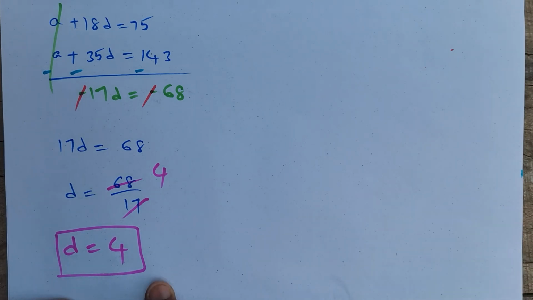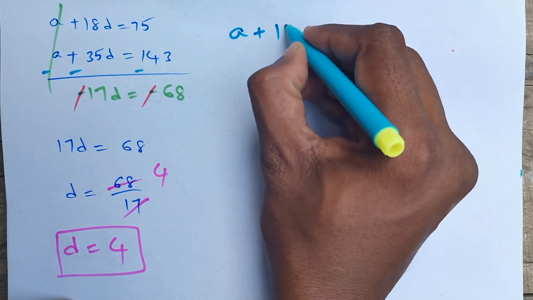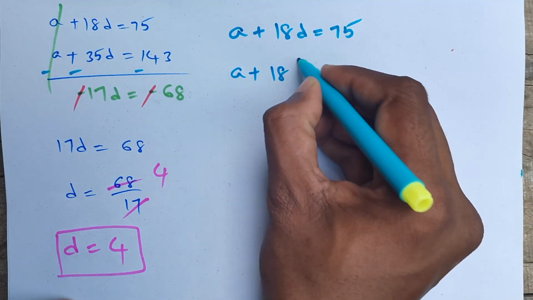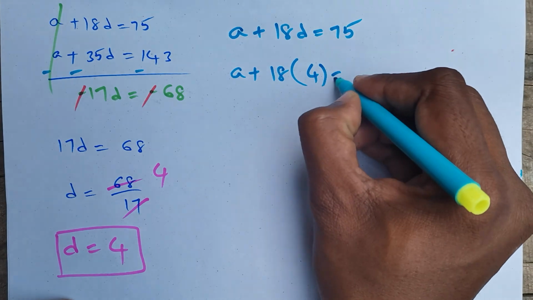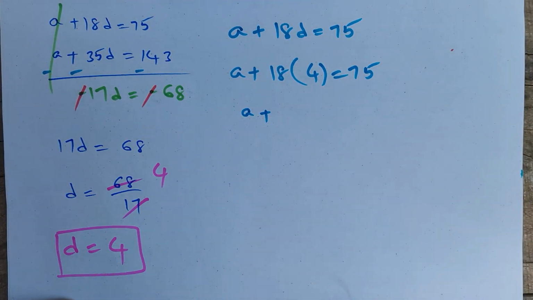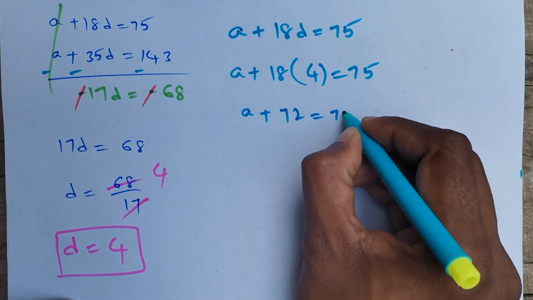This d value we need to substitute either in the first equation or else in the second equation. In the first equation the numbers are little small, so I am going to substitute in the first equation only. A plus 18d is equals to 75. A plus 18 into d value, which is 4, is equals to 75. So A plus 18 fours are 72, which is equals to 75.